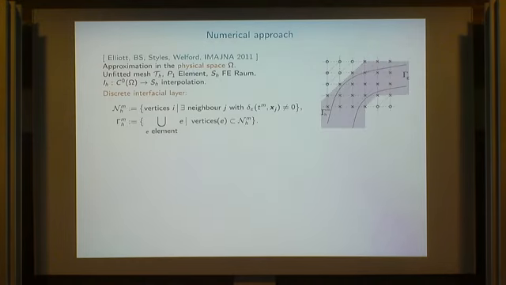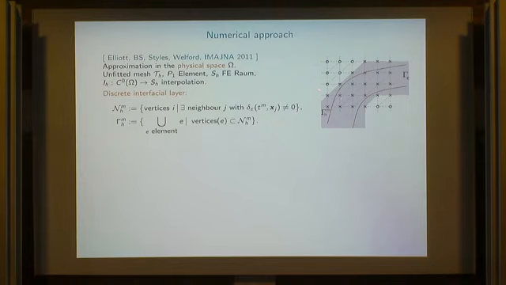So what we came up with was, if you have this thin layer, then extend that a bit and define a numerical computational thin layer by also accounting for vertices that lie outside of the domain, but which have a neighbor that lies inside of the diffuse layer.